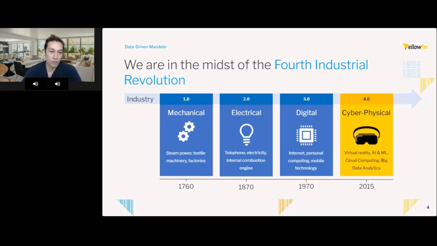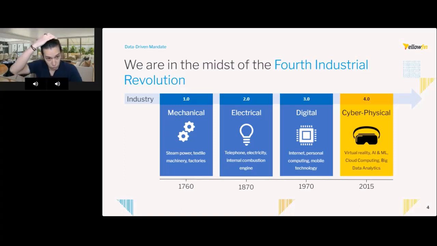This was a revolution of information, if you will. Global information was at our fingertips. It still is today. And this enabled us to start to work remotely, to buy things online, to access information from anywhere. So where the first industrial revolution was about machines, Industry 2.0 was about electricity and speed, 3.0 is more around internet and information.